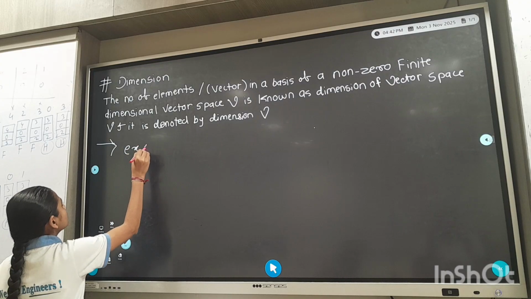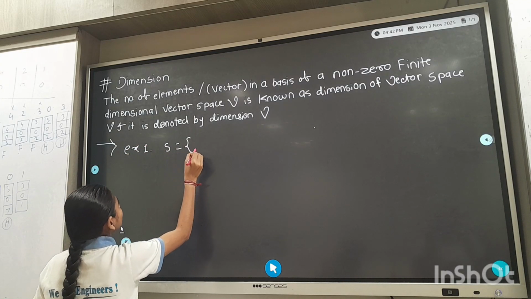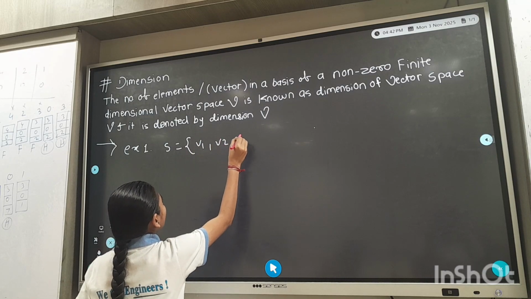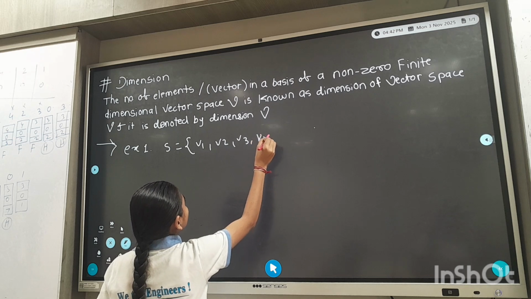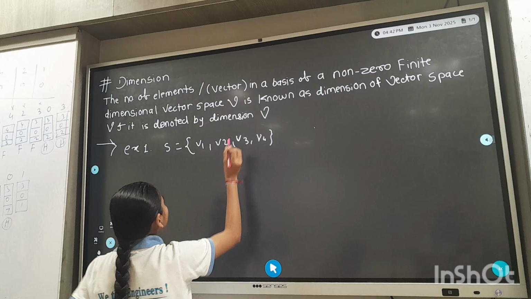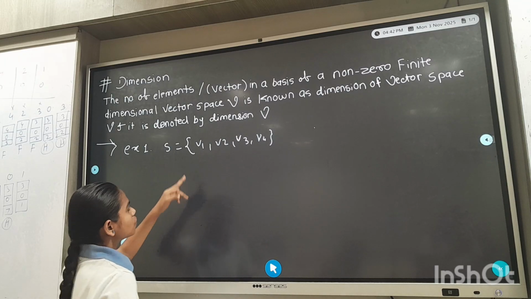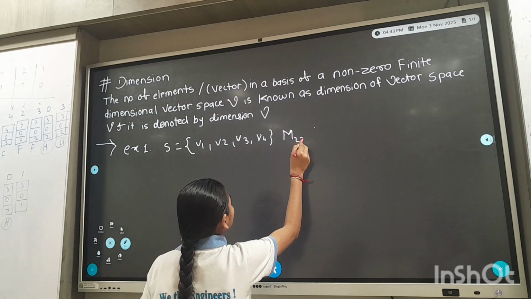Example first is S equals V1, V2, V3, V4. V1, V2, V3, V4 are the elements of basis of V, the space of matrices M2.